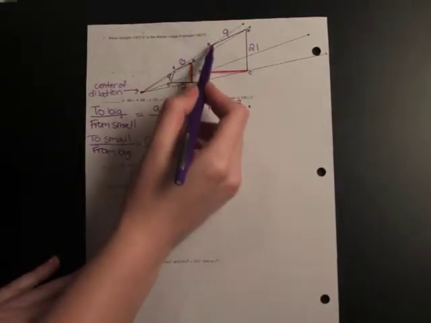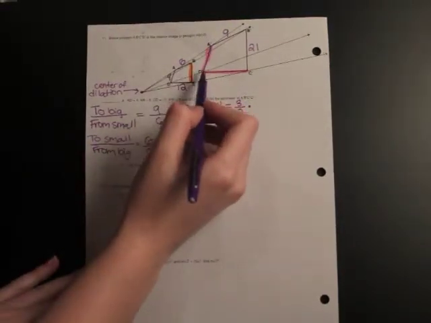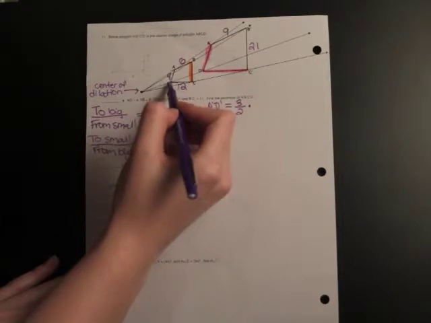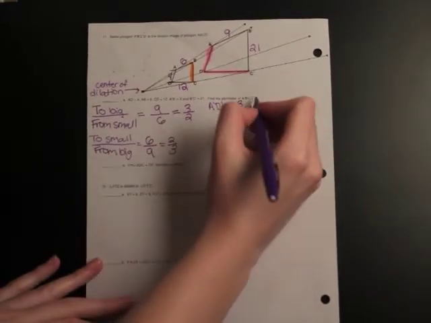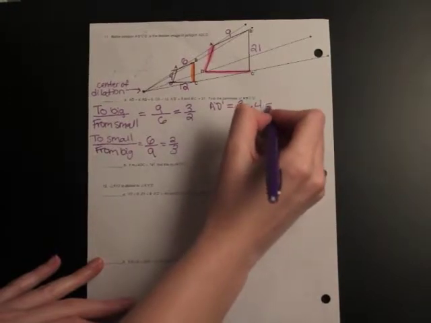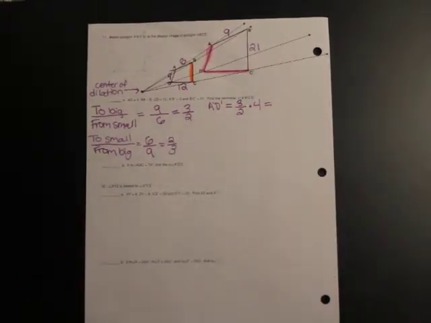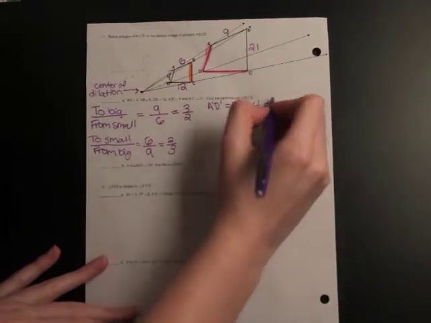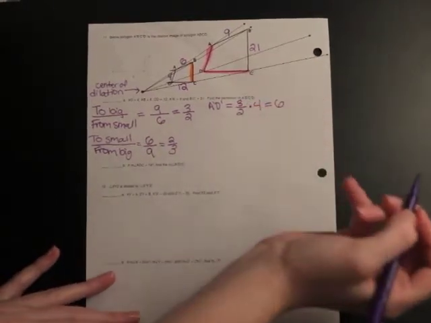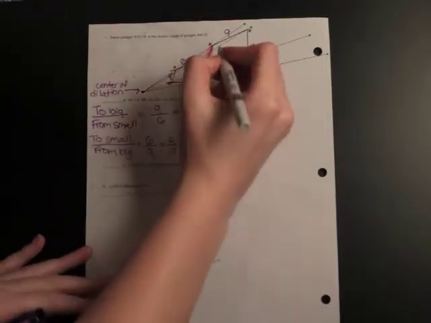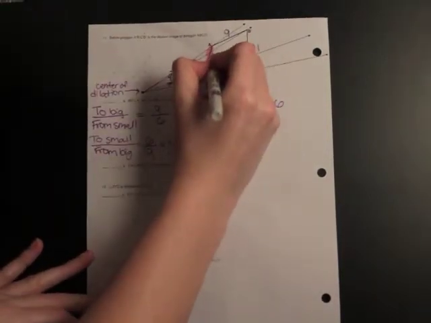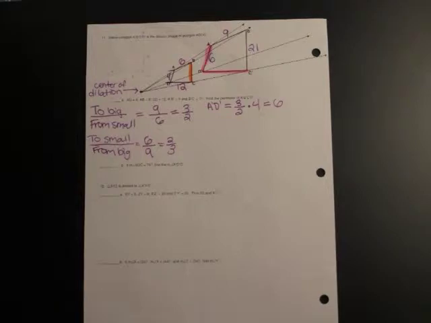So we need to find AD, that matches up with AD here. AD is 4. This multiplies out to be 12 over 2. 12 divided by 2 is 6. So our first missing side here, 6. Okay.